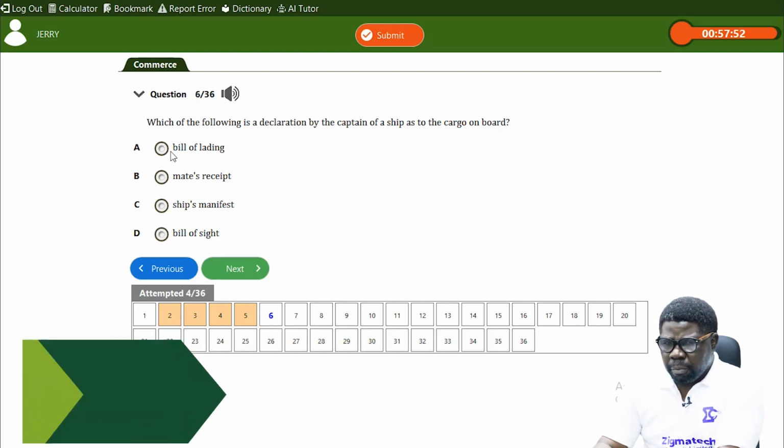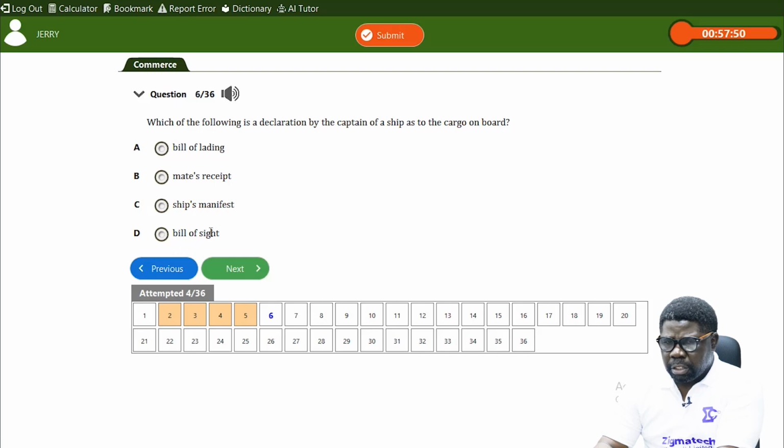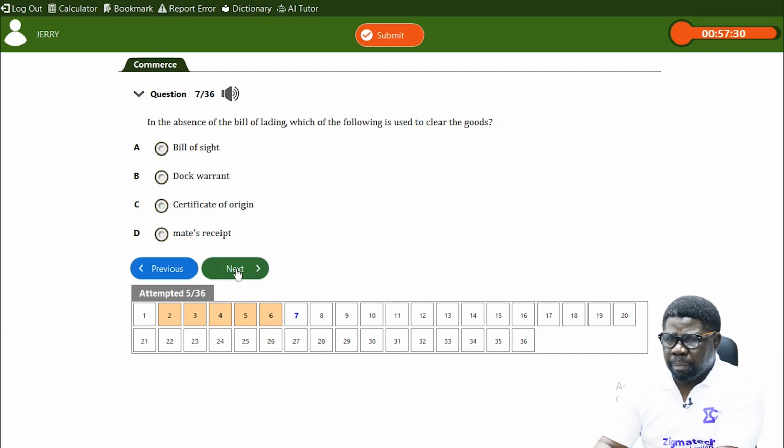It's not bill of lading. It's not bill of sight. We have discussed ship manifest. Our answer is a ship manifest. This is what he's carrying on board, so that's our answer.